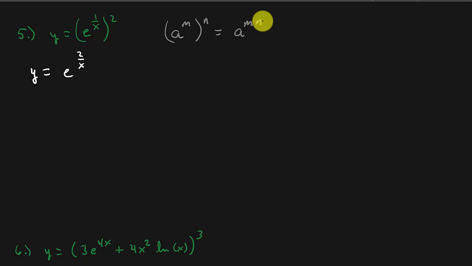That's the property I used to go from here to here. So 2 times 1 over x is just 2 over x. And so now I have y prime is e to the 2 over x times the derivative of the exponent. And what's the derivative of this? Negative 2 over x squared.